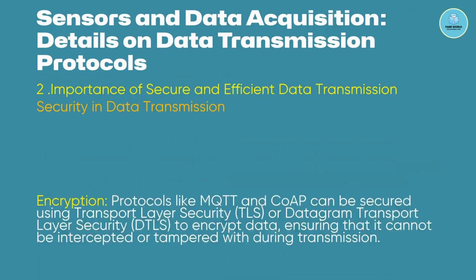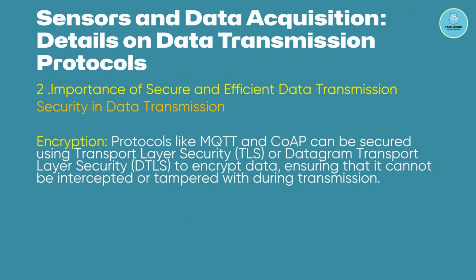Then the importance of encryption in the security of data transmission. Encryption is required for security purposes, and protocols like MQTT and CoAP can be secured using Transport Layer Security. TLS, the Transport Layer Security, and Datagram Transport Layer Security, DTLS, come from the TCP/IP protocol suite, that is the Transmission Control Protocol and Internet Protocol suite.